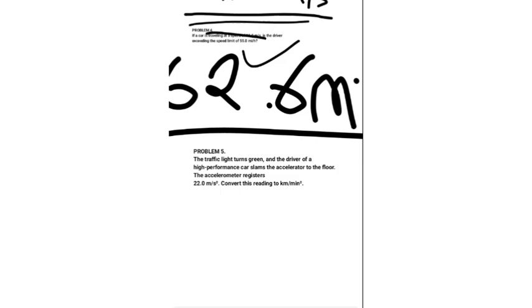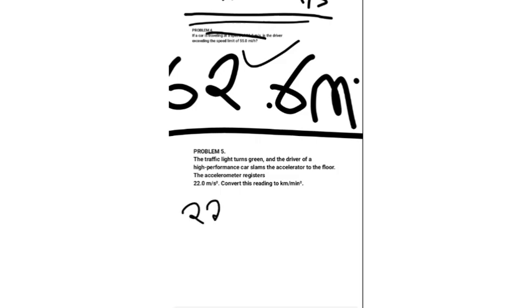The accelerometer registers 22 meters per second squared. Then they say, convert this reading to kilometer per minute squared. How can we do that? Kilometer per minute squared. Now, mind you, we have 22.